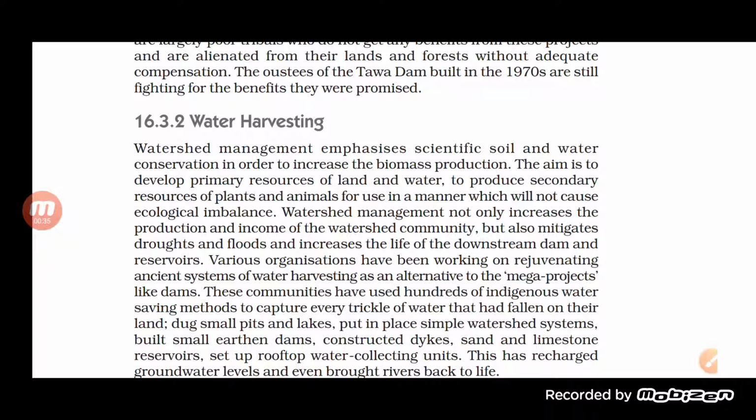And in that context, we have already studied about dams, and we have understood how a dam is formed and what problems occur in the formation of the dam. That will include the social problem, environmental problem, and economic problem.